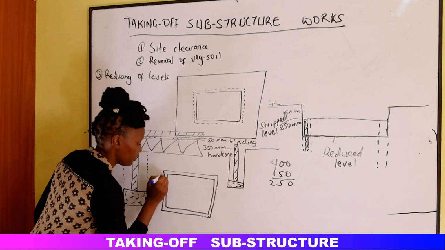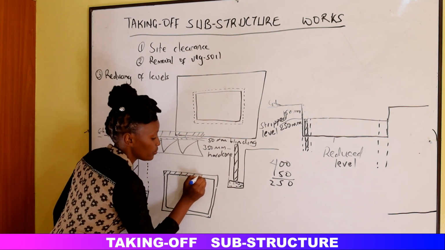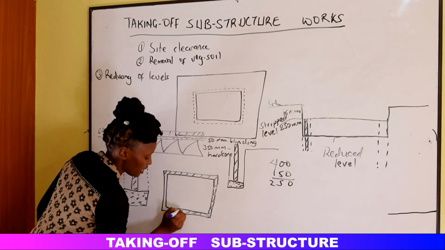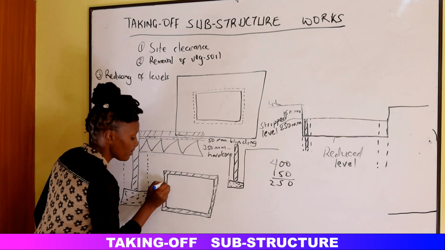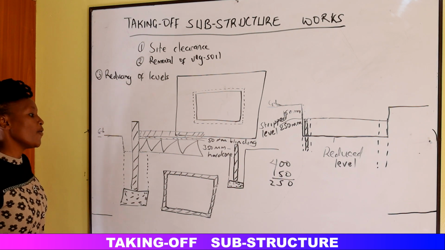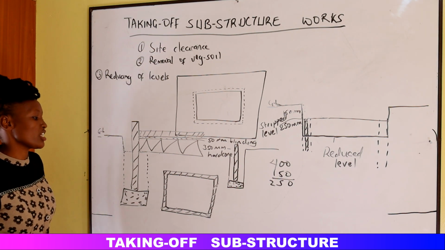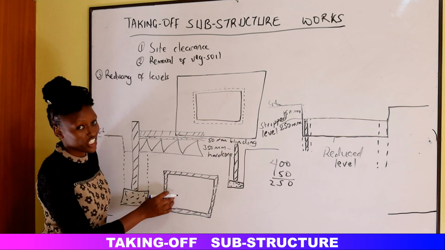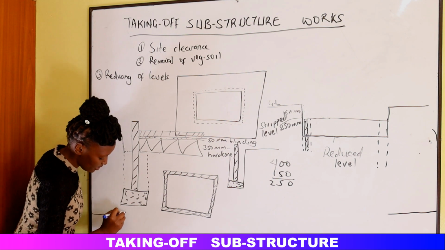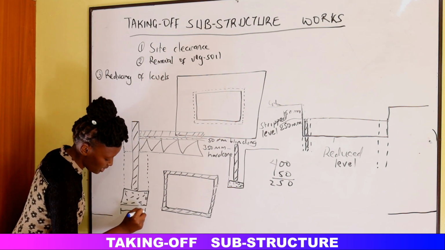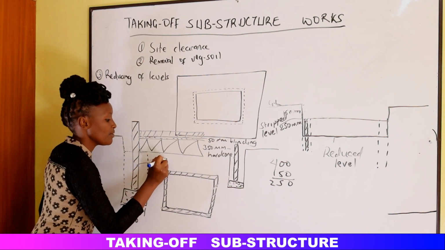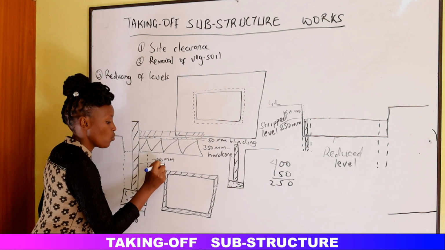This is the most basic building that we can use. If we have the wall here, we want to know what will be the width of the trench. First of all, let's sketch the trench on this building. This is the wall, and we are told the thickness of the trench here is 600. Then this wall is 200 millimeters thick.